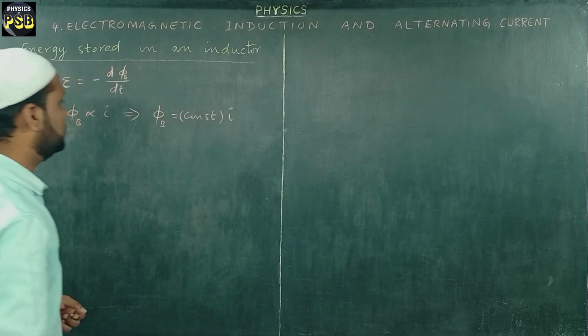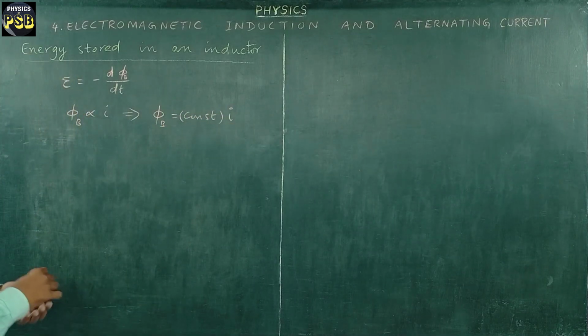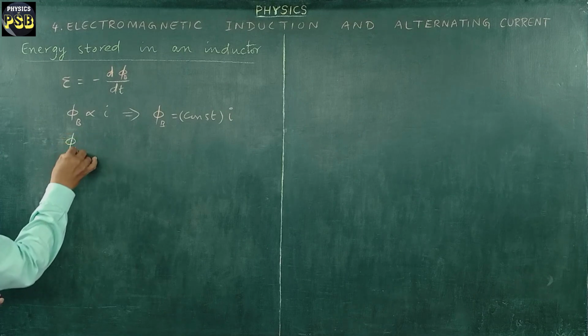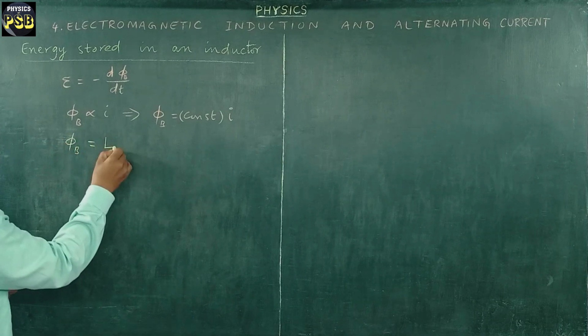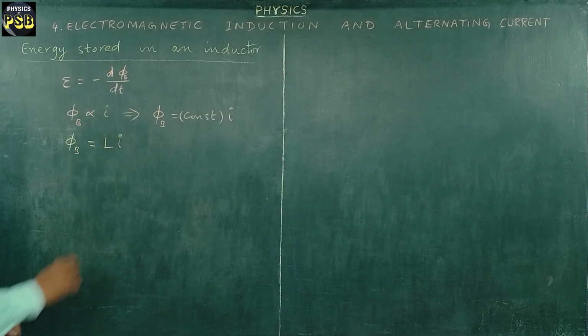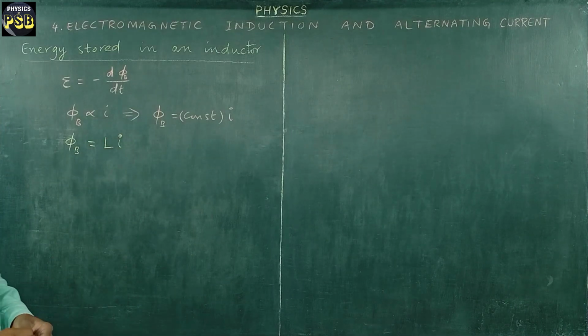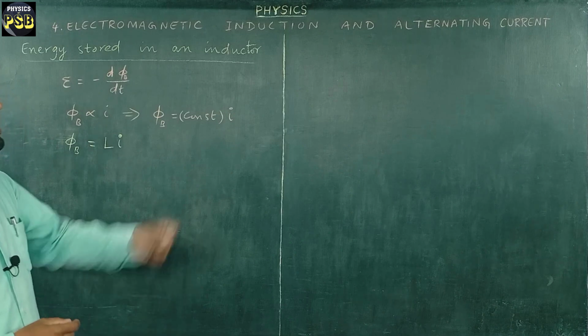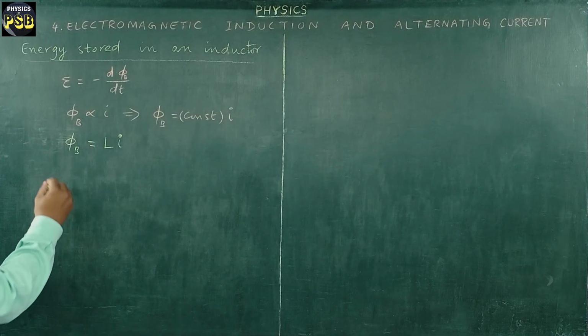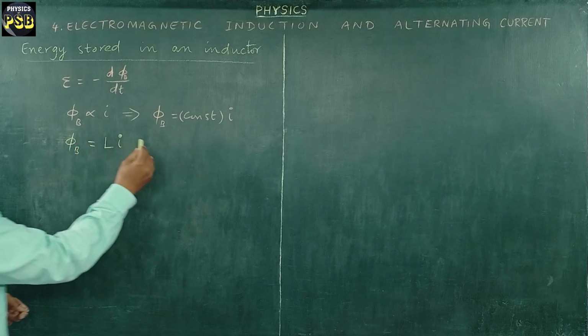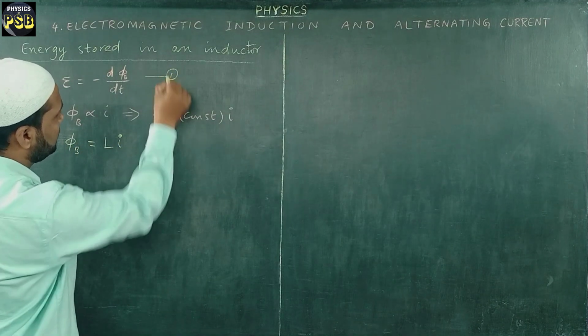In the place of this constant, I use L. L is a constant here, which is nothing but the self-inductance of the coil or inductor we have used. I take this as equation number 1, and this as equation number 2.